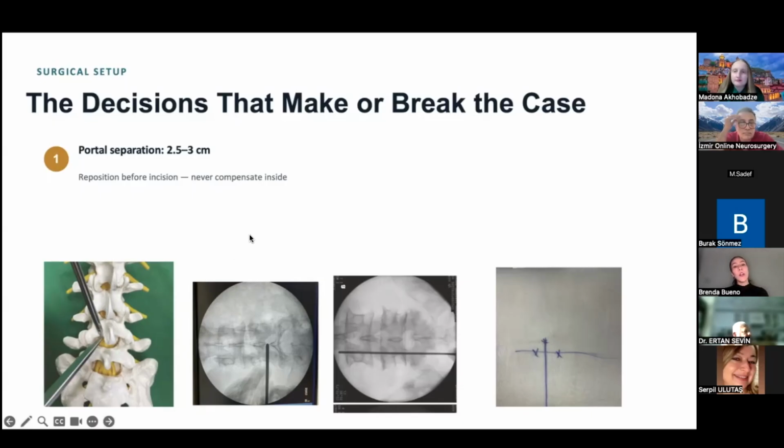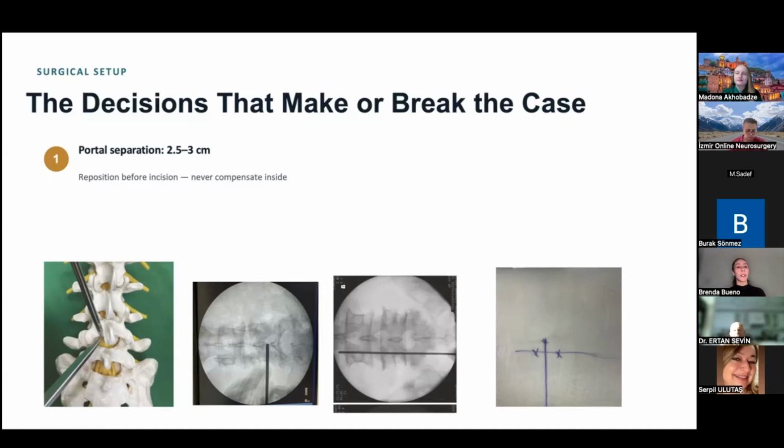Why? Because depending on the target of the pathology, you need to plan your working portal in your favor, to help you with the pathology. If you only plan with the initial point, maybe you will not be able to attack the pathology or your endpoint of finishing the surgery.